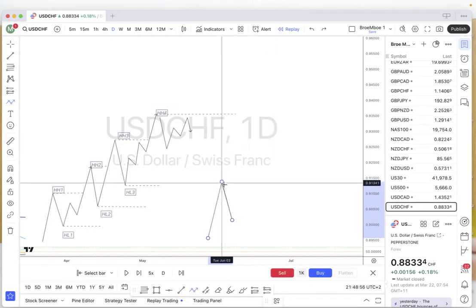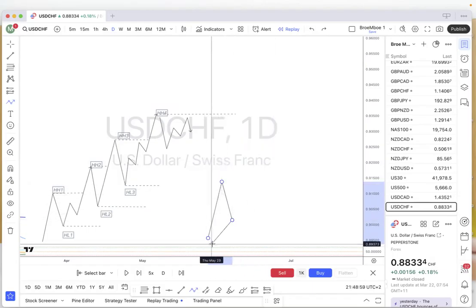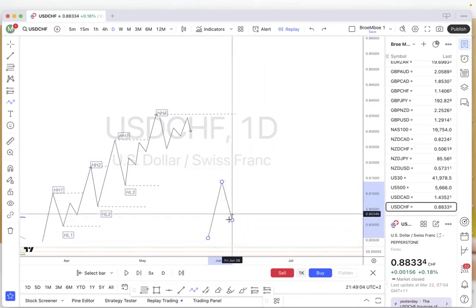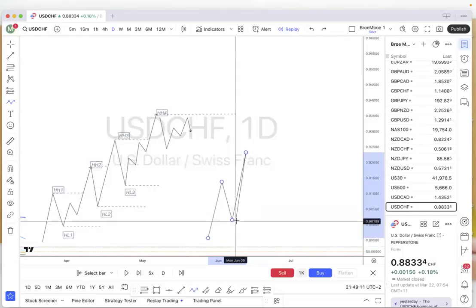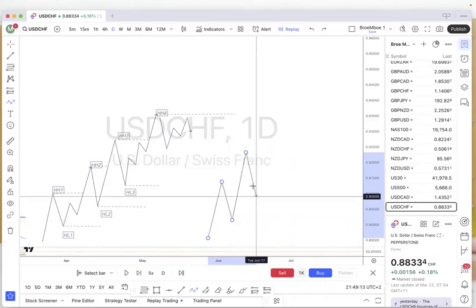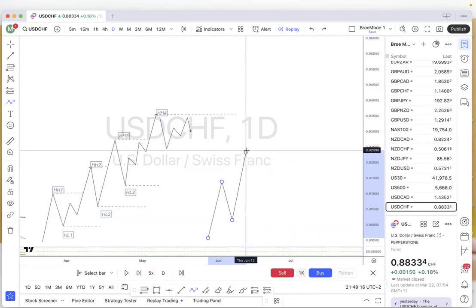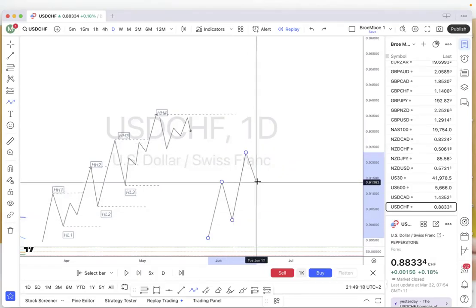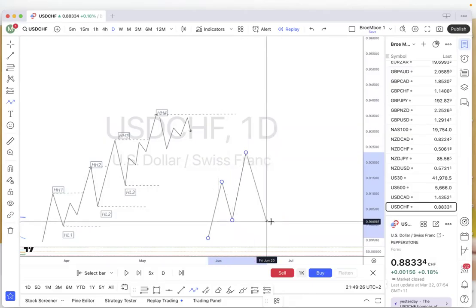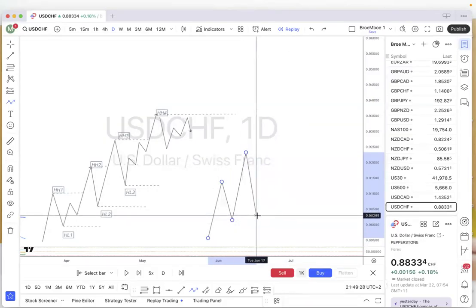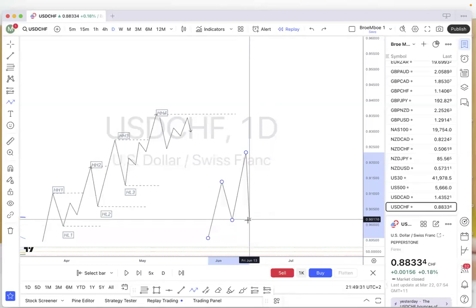So it means what's valid now is the high and this low at the bottom. So this low will only be valid when it breaks the high. So after it has broken the high, then the market will not come below this low. The market will trade in between the new high and the new low. The only thing we expect the market to do is to continue forming new highs. If it breaks this low, then it means the market has changed direction. It's no longer an uptrend, it's now a downtrend.